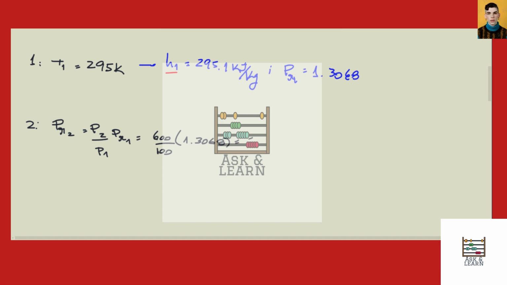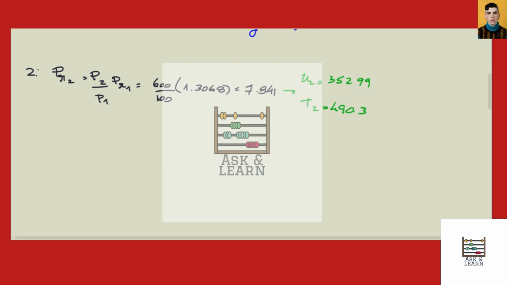Therefore, we have a relative pressure of 7.841. And with this relative pressure, we managed to look at the table and see that the internal energy in point 2 is 352.99 and the temperature is just 490.3.